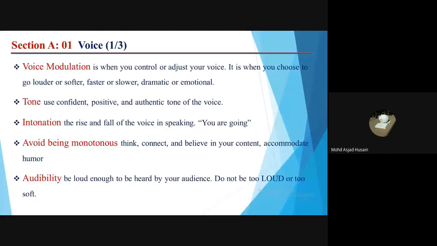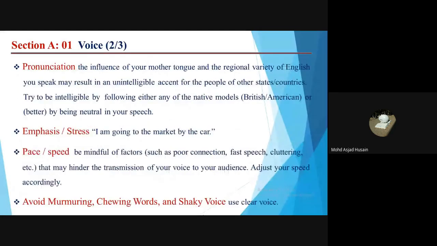Next is pronunciation. This is very important, especially the location of the institution is very critical in this. So the influence of your mother tongue: maybe somebody is from South India, somebody is from North India, or somebody is from the Northeast. So our mother tongues are different. What mother tongues do is they design our articulatory setting in our mouth, the articulatory organs.